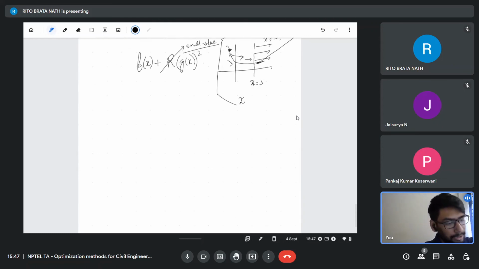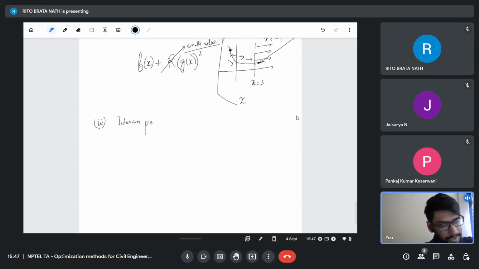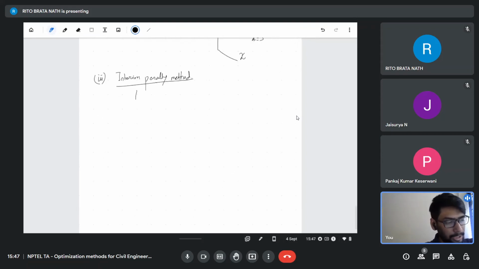Your interior penalty method is exactly opposite. In the interior penalty method, you're penalizing for being in the feasible region, but if you're away from the optimal point, then your penalization is more, otherwise it's less. So this is penalized in the feasible region.